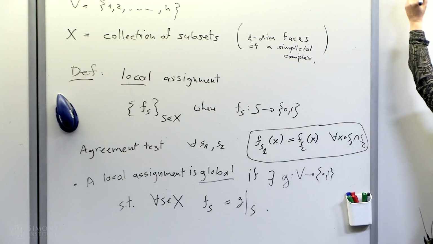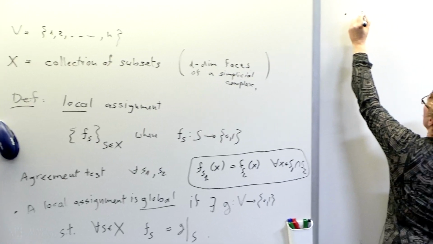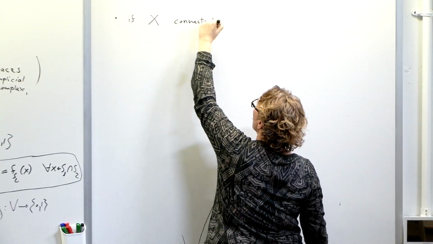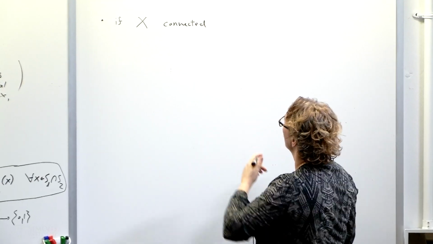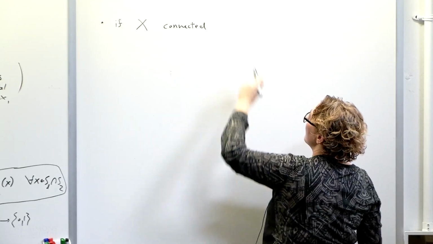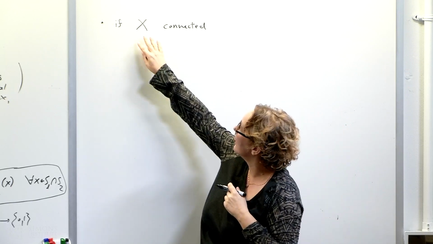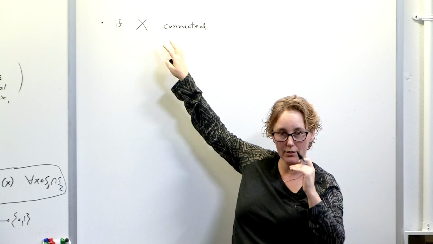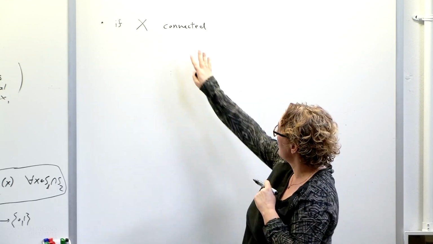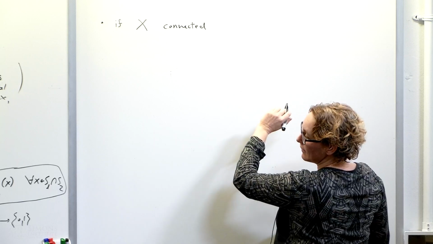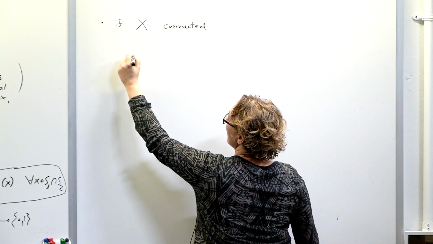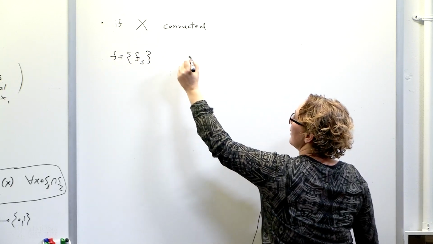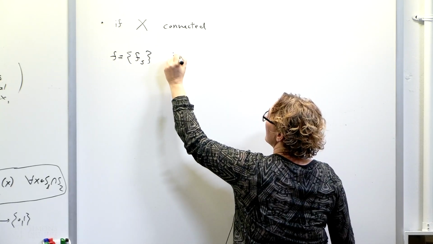So let me say this: if X is connected, whatever this means. I mean, there's a way to define it. If you think of X as a simplicial complex with different dimensions, it needs to be connected on all dimensions. But if this is true, then let me call F a local assignment.